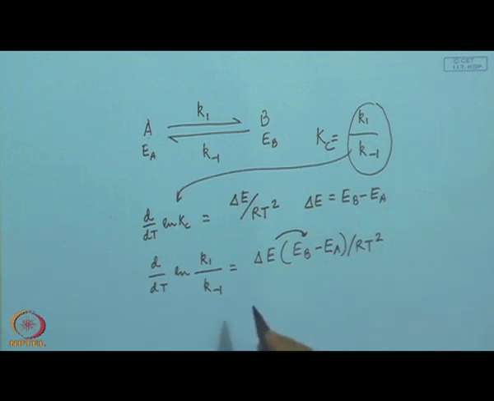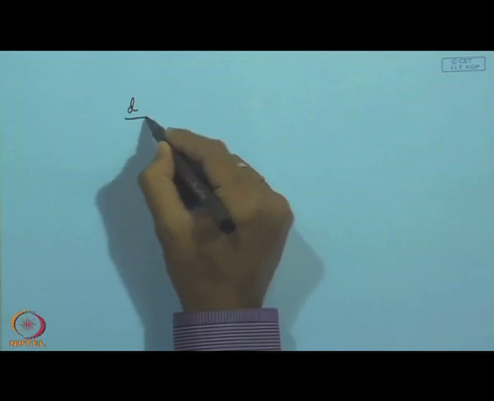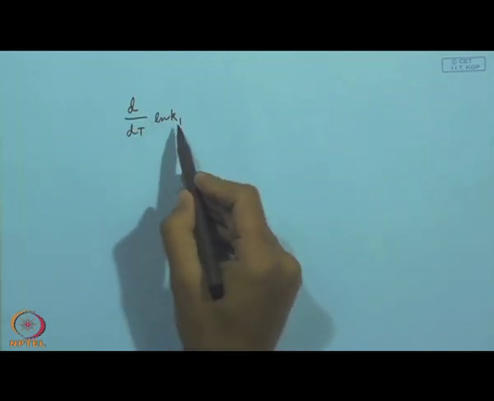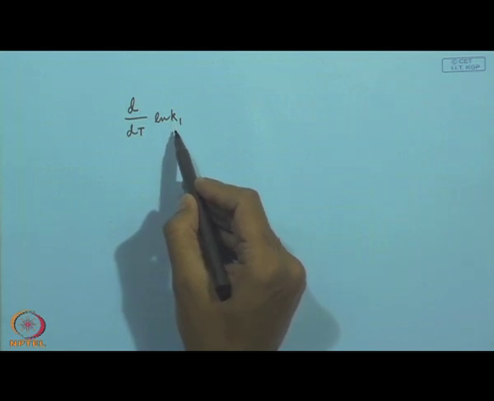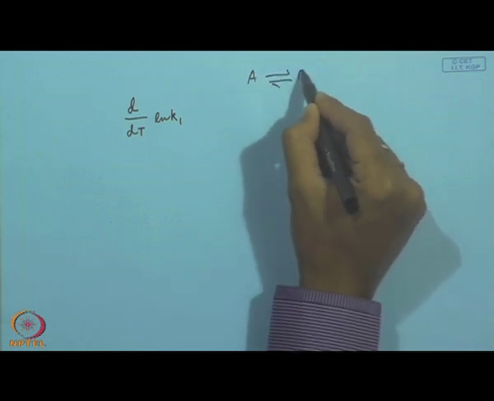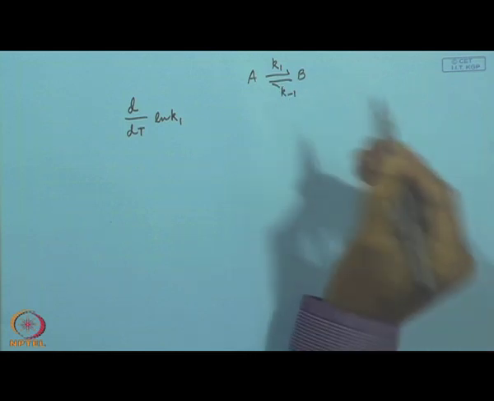So, if we now split this expression into two equations, then this will look like d/dT of ln K1, that is the rate constant for the forward process. Basically we started with this A to be forward rate and backward rate.